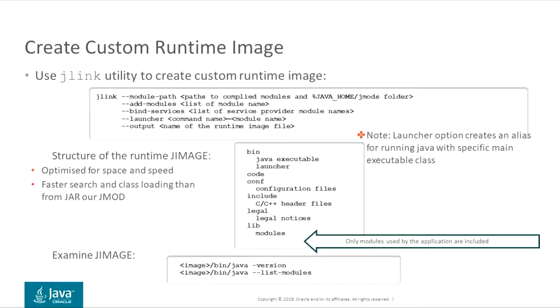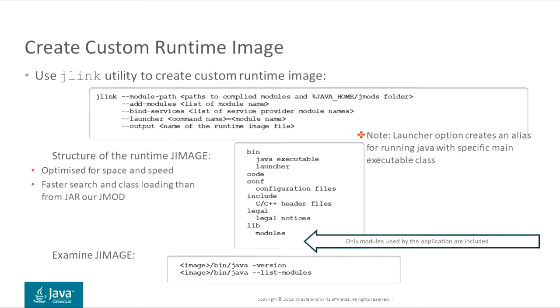Okay. Another new feature is an ability to use a utility called JLink, which allows you to create an image of your actual runtime. When you use JLink, you can add different modules together. So you can point to your modules. Now, it says here in the PowerPoint, module path, path to compiled modules, and Java Home JMods folder.